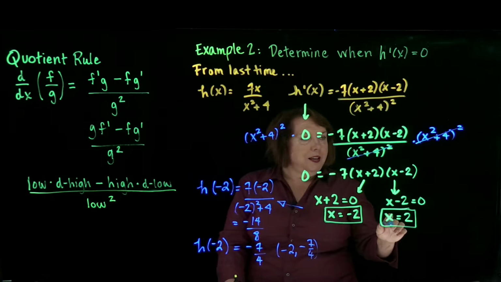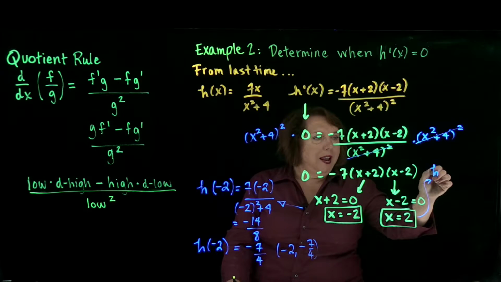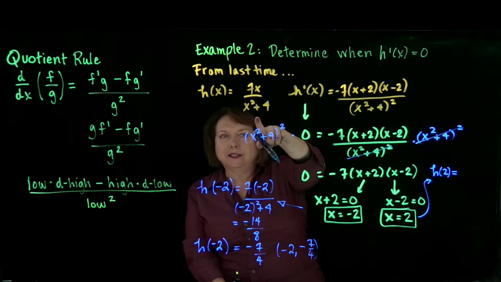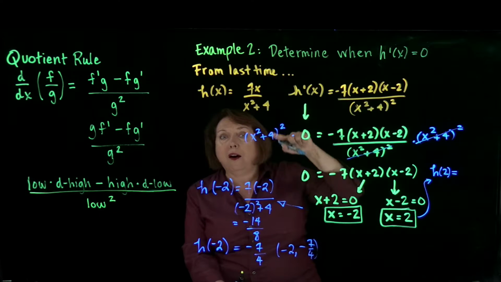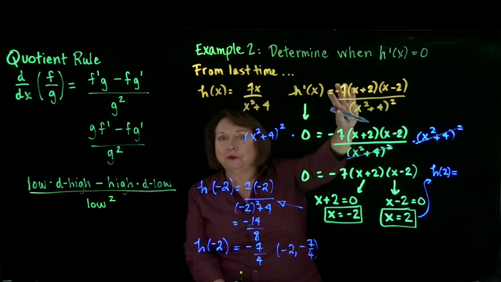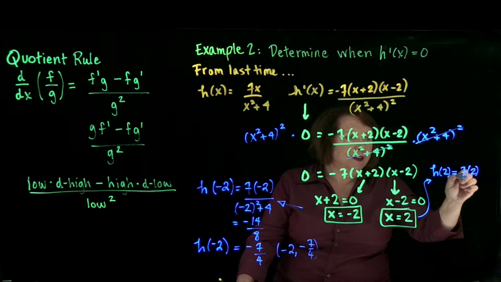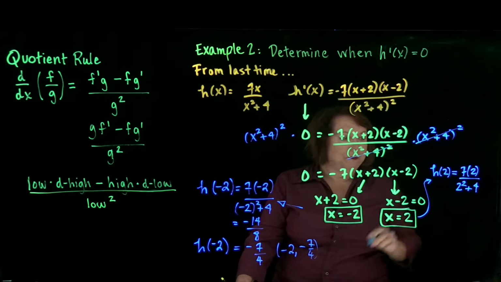Let's do the same thing here for x equal to positive 2. So we'll calculate h of 2. Again, replacing x in the original equation, because we're looking for a point, an ordered pair on the original graph, not the derivative. So 7 times 2 divided by 2 squared plus 4.